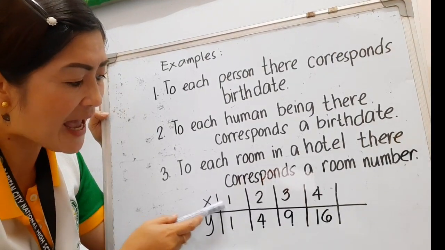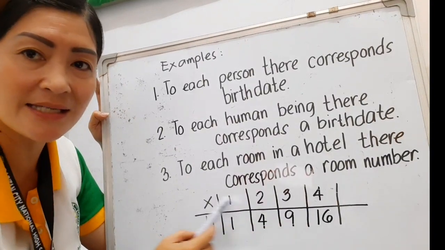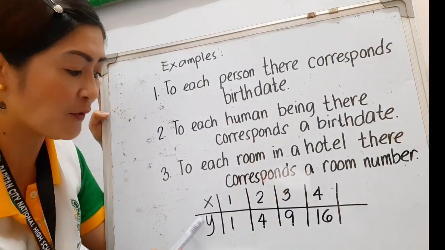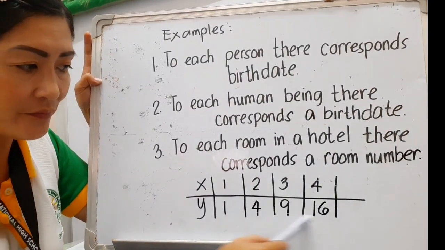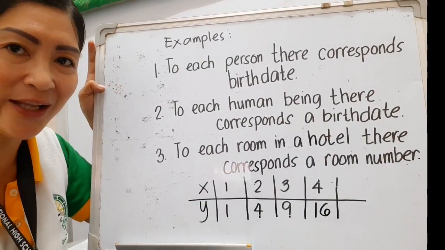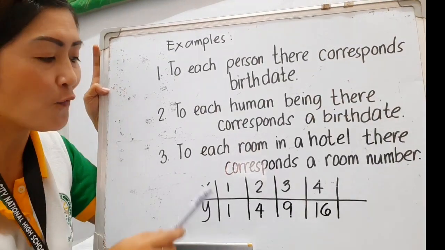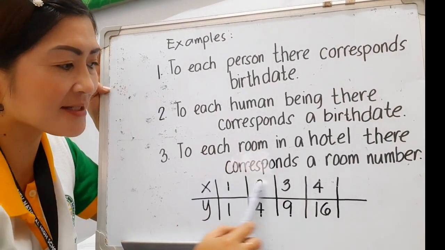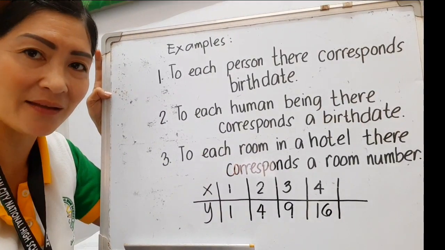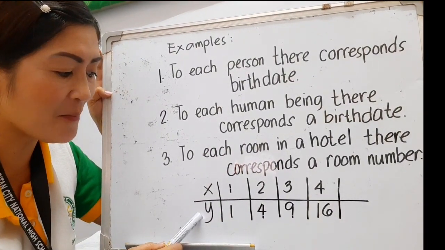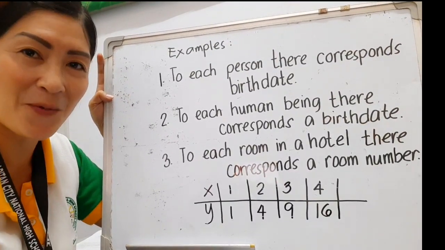The elements of set x, we call the domain. And the elements of y, we call the range. Again, the first elements, the x values, are the domain, and the second elements, the values of y, are the range.